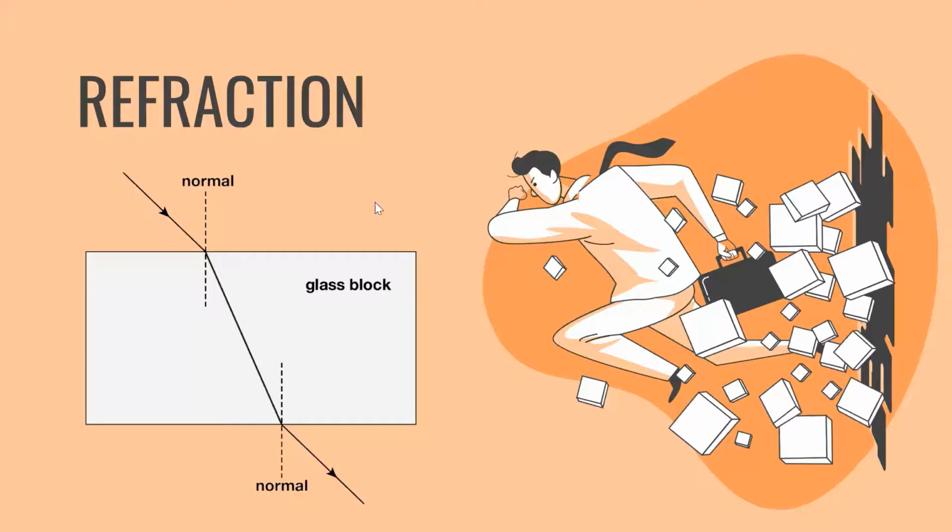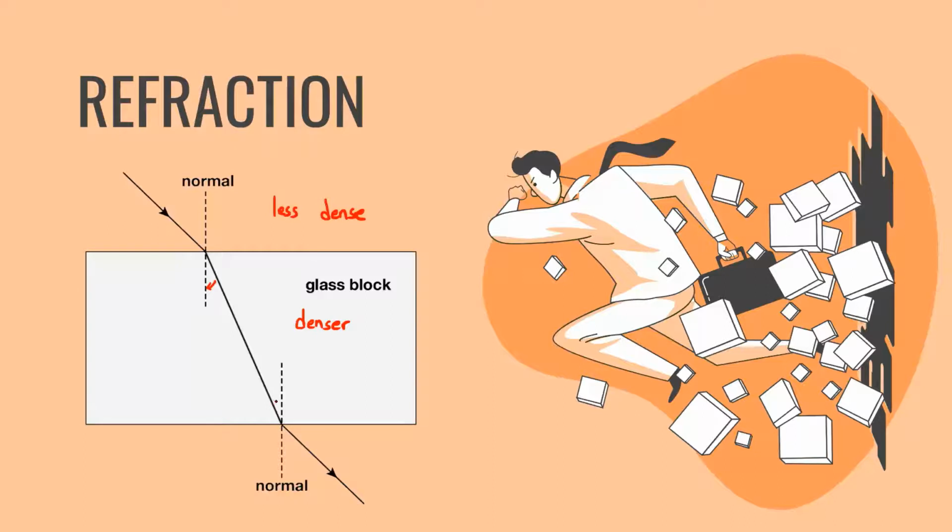And here is a diagram for refraction. When the light ray comes from a less dense medium to a denser medium, the light ray will bend toward the normal. This is because the density of the glass block is greater than the less dense medium.